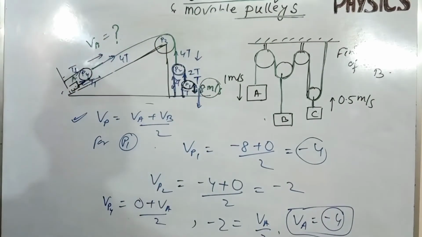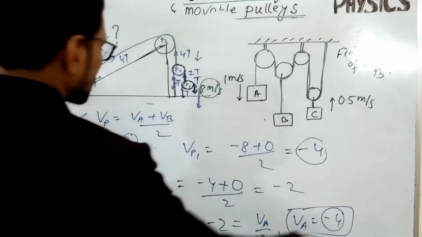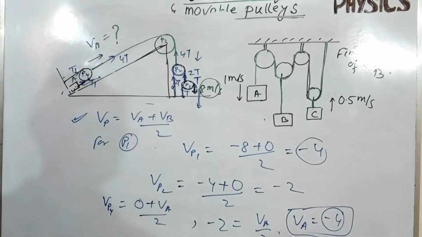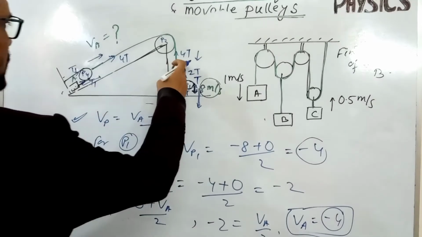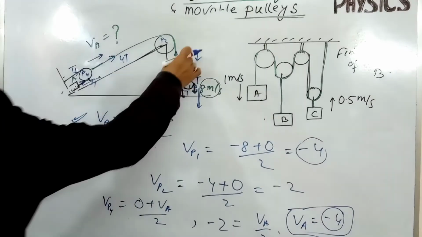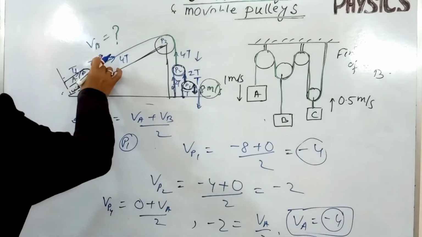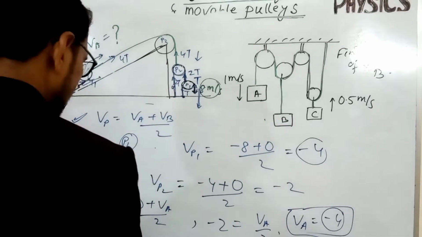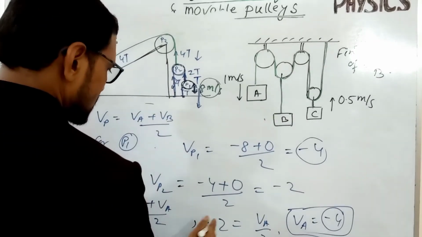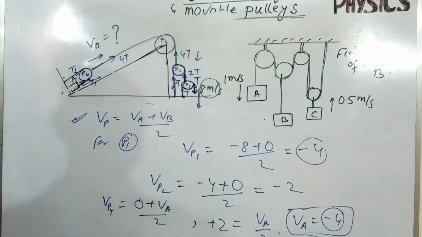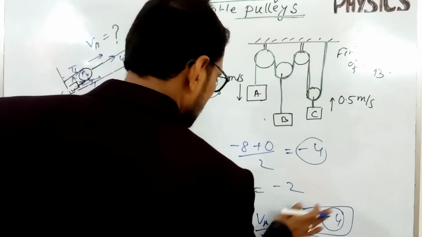So by this method we also get Va equal to 4. If this pulley moved downward minus 2, then this pulley moved upward, so we get Vp4 equal to plus 2. So that's why we get Va equal to 4.